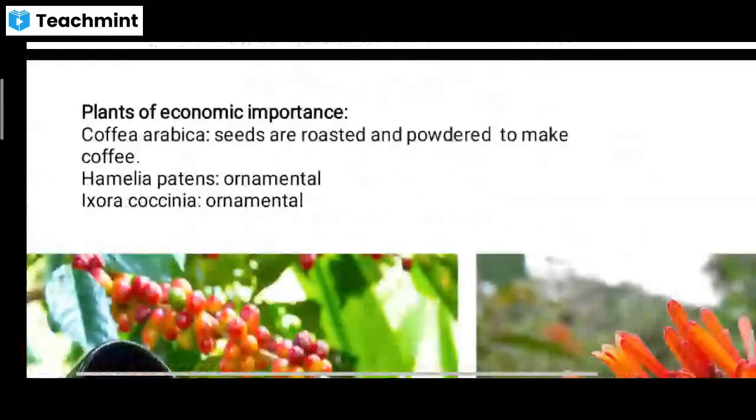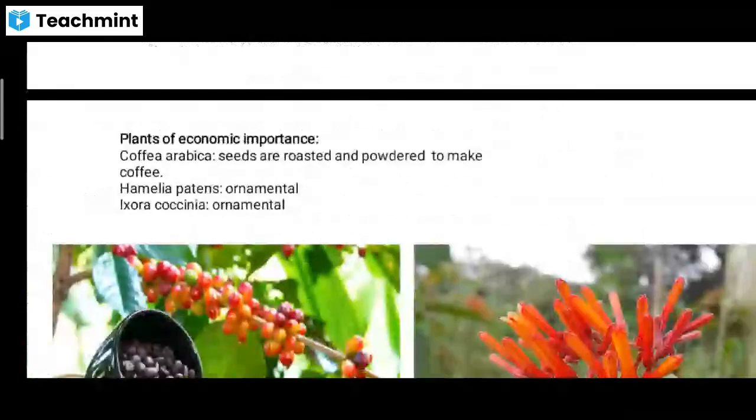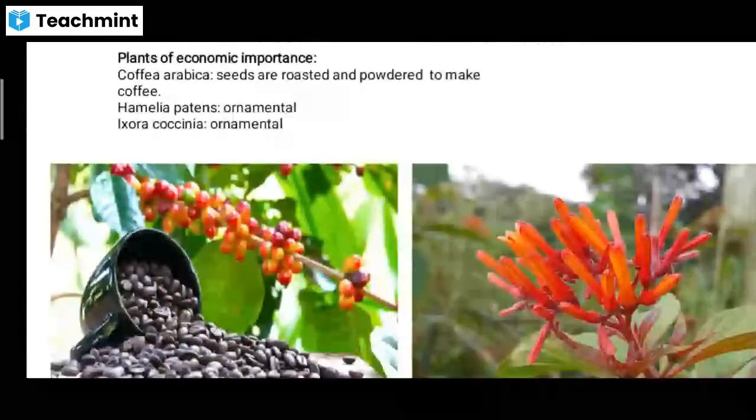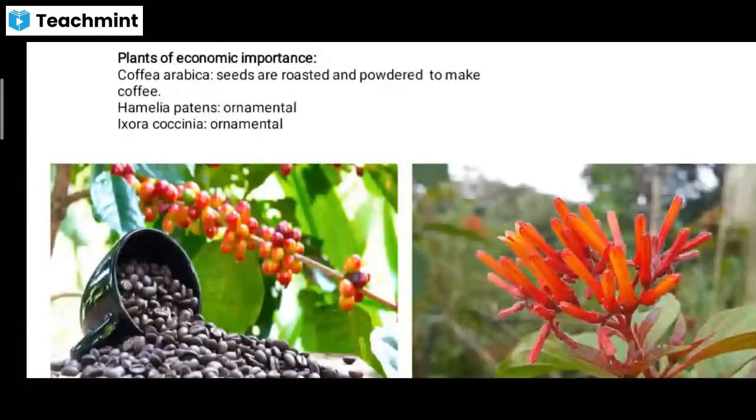Then the last one is the economic importance, or economically important members of this family Rubiaceae. So here coffee, as you know, that is Coffea arabica. In the first figure, it is Coffea arabica. The seeds are roasted and powdered to make coffee.